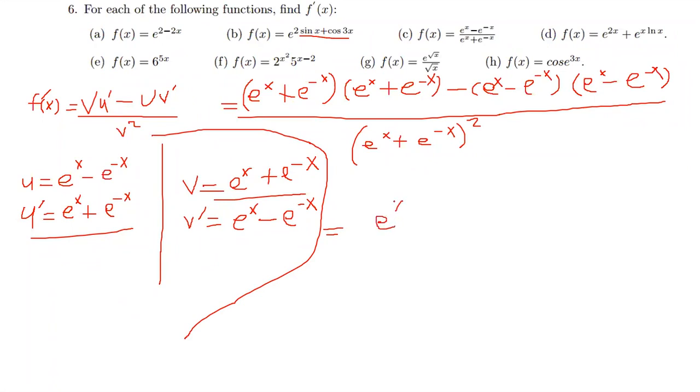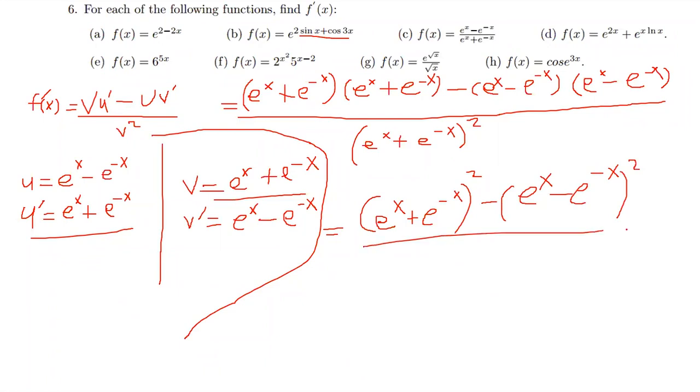So we're going to have e^x plus e to the power negative x, and then we square this. Then we say minus, even this side we just square those since they are just the same, e^x minus e to the power negative x, and then you square them. Then everything divided by e^x plus e to the power negative x, then you square them like that.